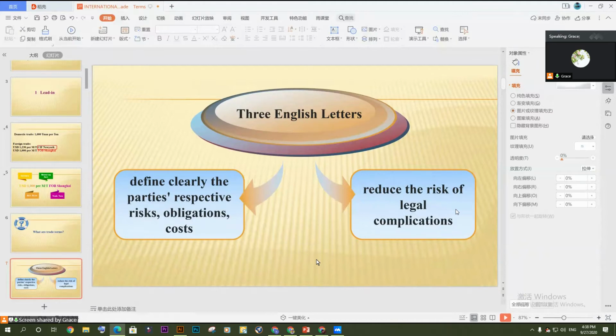If we use these trade terms, that will help us reduce the risk of legal complications.